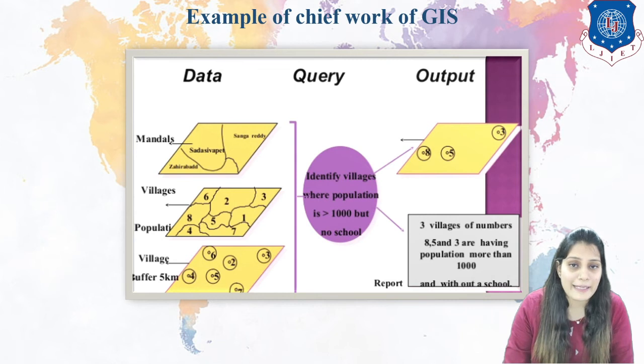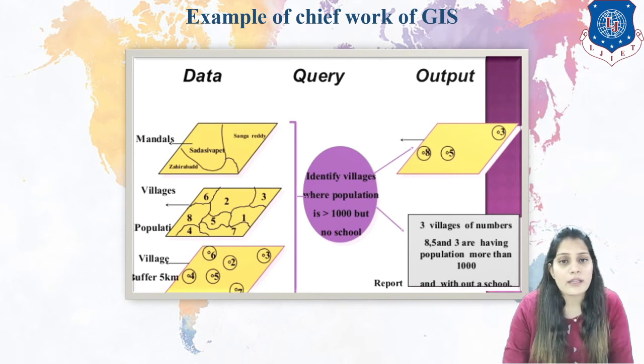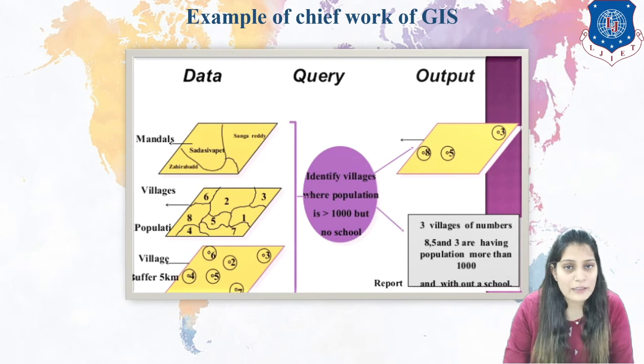Show me that area. So they have shown me that area, that these are the numbers, and these are the ones that don't have a school in their own village, or within about 5 kilometers. So this is the chief work of GIS, how it works.